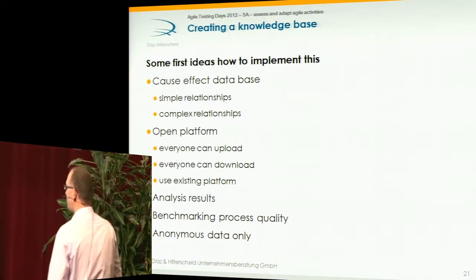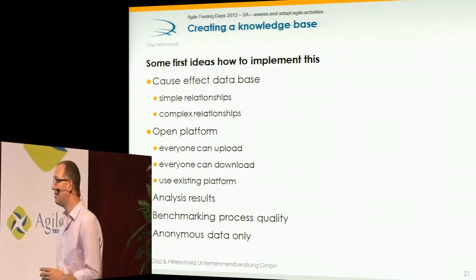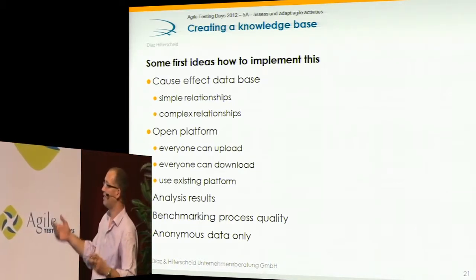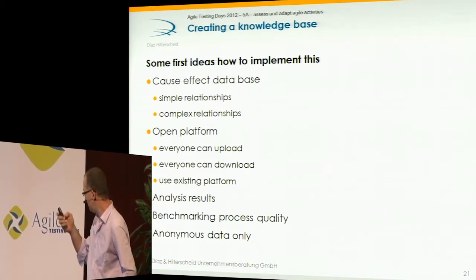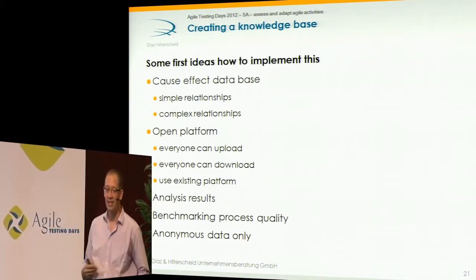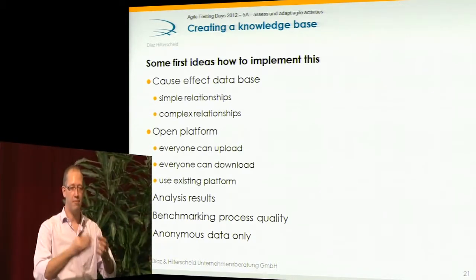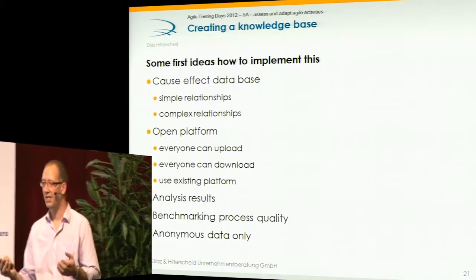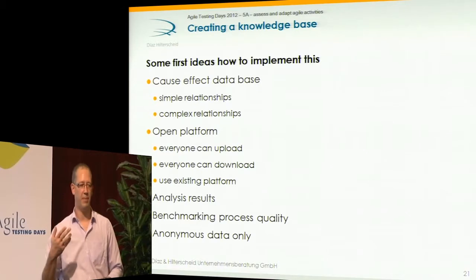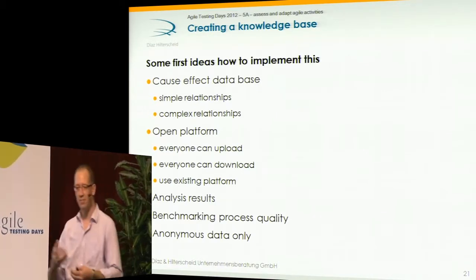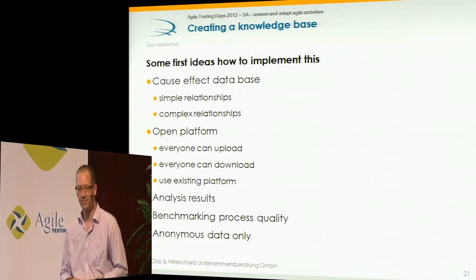Okay, so it should be an open platform where everybody can upload and download the causes and effects. Maybe it also can help us with something like analysis of results. So we describe what we found at our customer side, an effect, and the model or the platform gives you some possible causes with their specific interrelations.